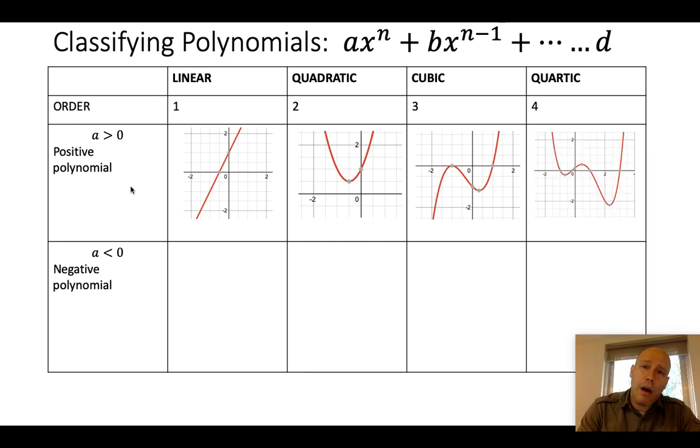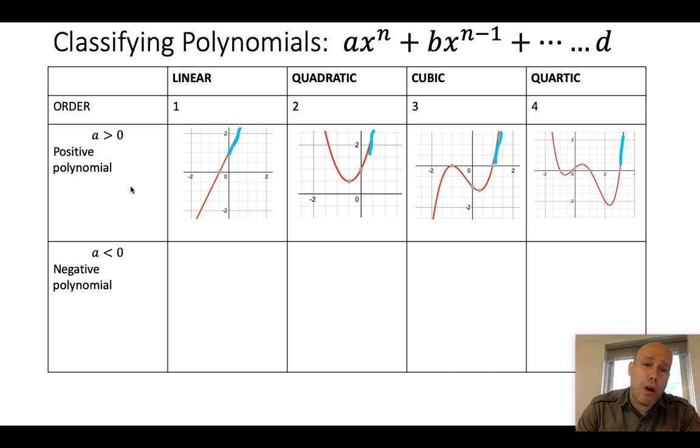And the idea is, if it's a positive polynomial, as x goes to infinity, the function is increasing also to infinity. So we can see it's going to positive infinity, positive infinity, positive infinity. We don't know where it came from, but we do know where it's going.